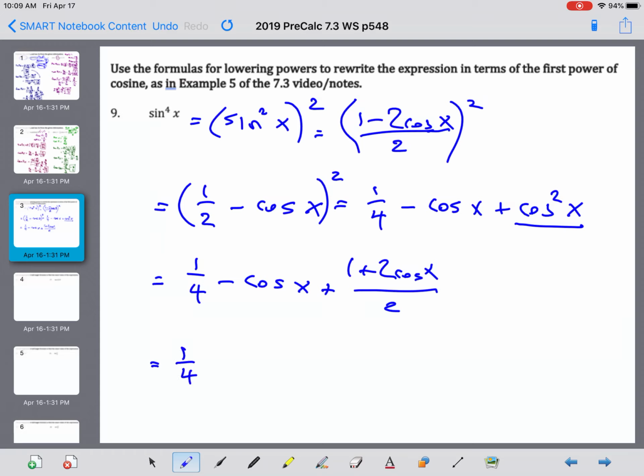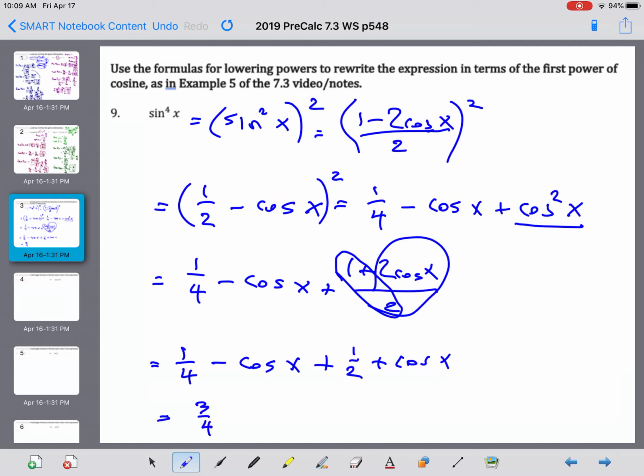I get 1/4 cosine x plus, if I divide this out, I get 1/2. If I divide this out, I get cosine x. So it looks like I get 3/4. And these cosines cancel. So I get that. Interesting.